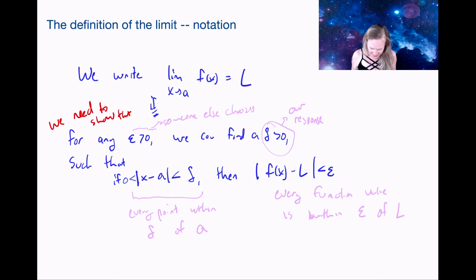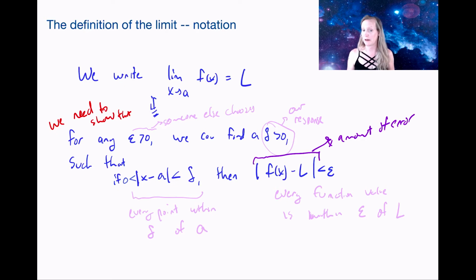So someone specifies a tolerance on output values. Epsilon is the tolerance on output values. The thing that we have labeled, that absolute value of f of x minus L, that's the amount of error that we're going to accept in function values.